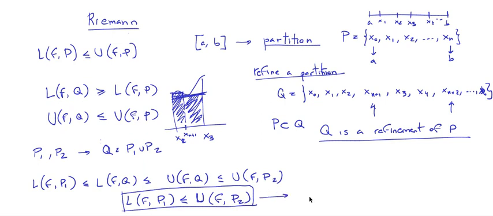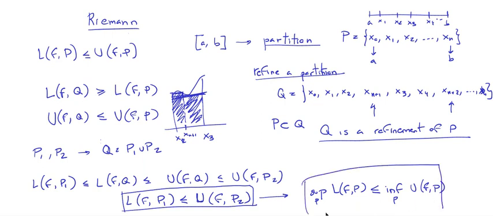This is summarized like this: the supremum of the lower sums for all partitions is going to be smaller or equal than the infimum of the upper sums for all partitions. So for any partition that we make, the greatest lower sum among all of them is going to be smaller or equal than the smallest upper sum that we choose.